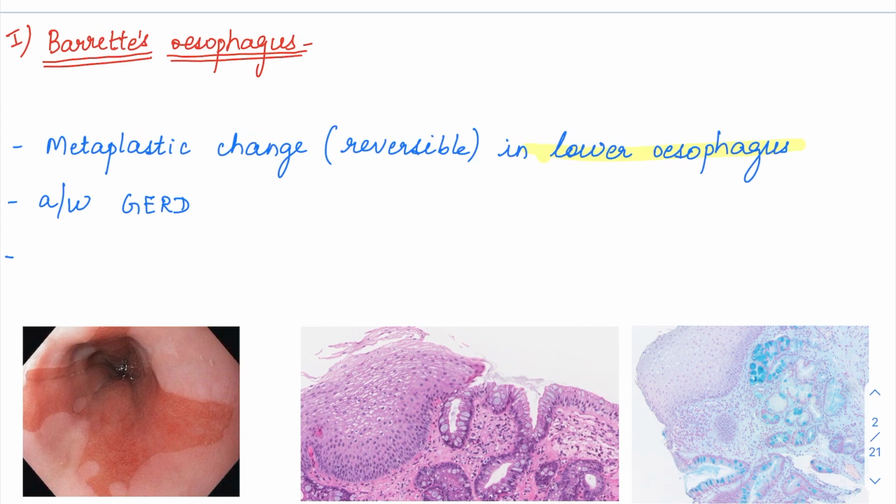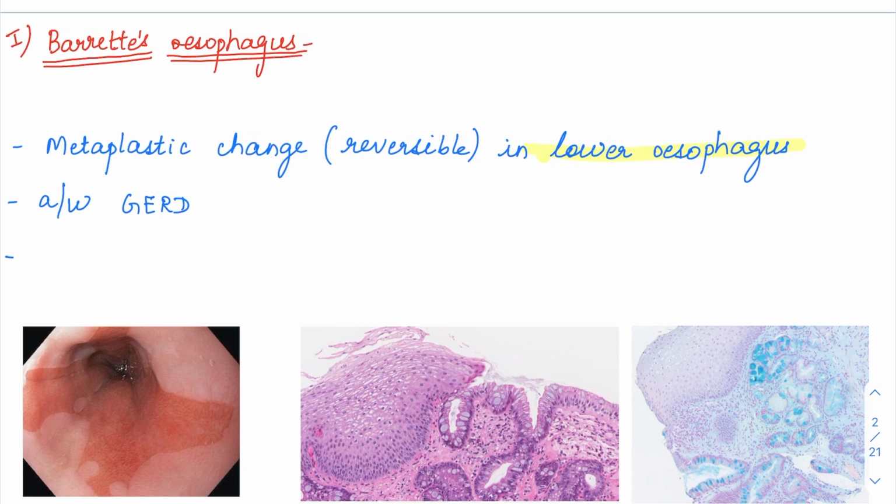The normal lining of the esophagus is stratified squamous lining. But when this acid is regurgitated, slowly it is going to irritate the squamous epithelium and cause inflammation. The esophageal lining will try to adapt to this irritant stimulus. The stratified squamous epithelium will undergo metaplasia and become an intestinal lining.